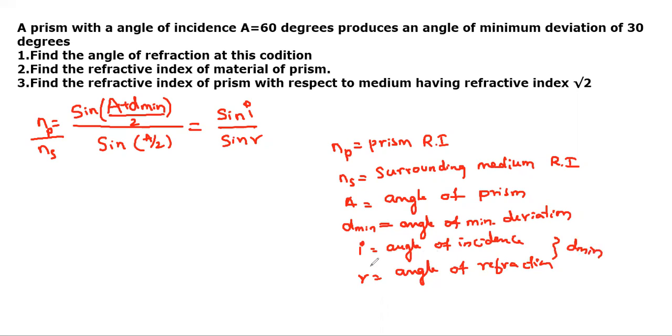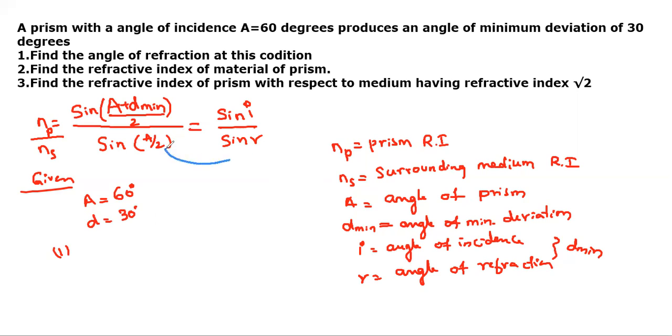Now in this problem, the angle of the prism is equal to 60 degrees and the angle of minimum deviation is 30 degrees. The first question is to find the angle of refraction at this condition. If you are going to find the angle of refraction, what should you do?